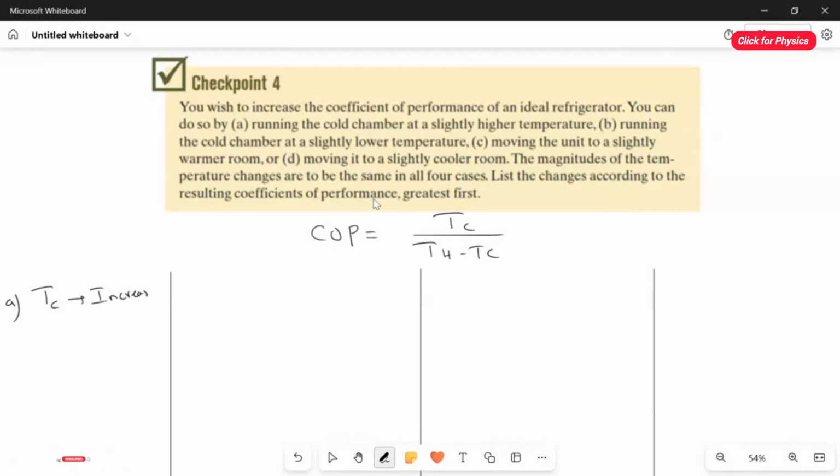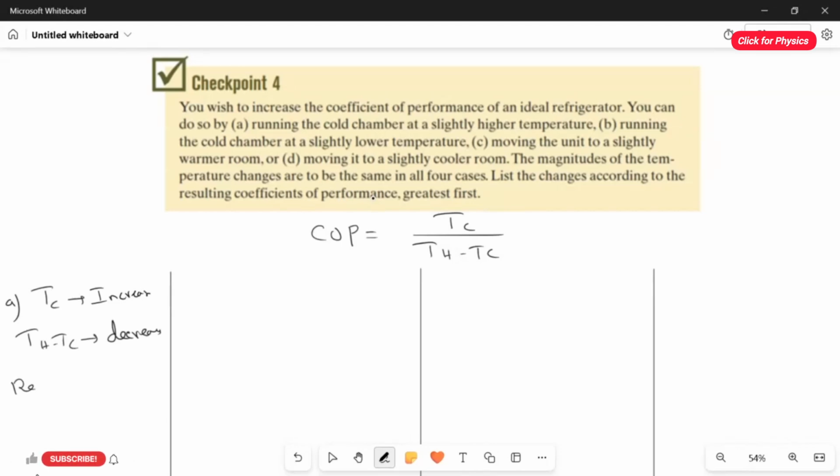When you increase the Tc value, what will happen to the denominator? If Tc is increased, Th minus Tc will decrease. So what is the result?